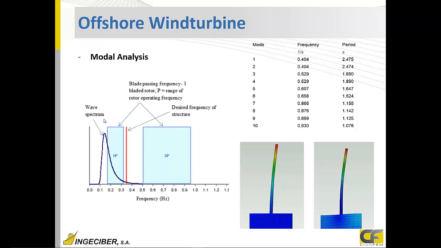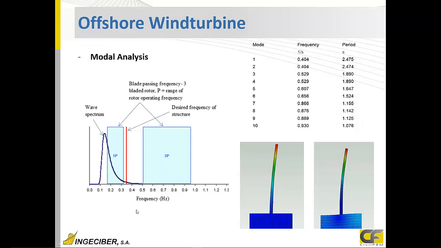Here we can see in this graph the frequencies of one of the blades, the rotor. Here are the frequencies of the three blades, which are 3 times bigger, as there are 3 blades. And also here we have the wave spectrum, and the frequencies for wind loads are smaller, around here. So the desired frequency for our structure should be around here.